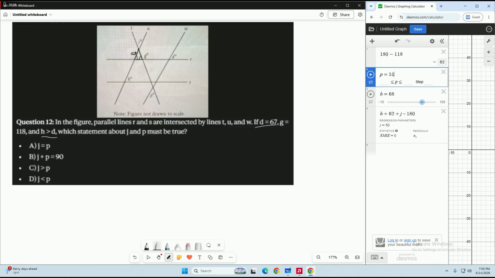Right now you can see that 51, which is P, is obviously greater than J. If I increase the value of H, which I have to do because H must be greater than D, where D is 67, look what happens to the value of J. The value of J will decrease no matter what, such that J is less than P. So no matter what value of H we choose, J is always going to be less than P. This ends up making D our correct answer to this question.